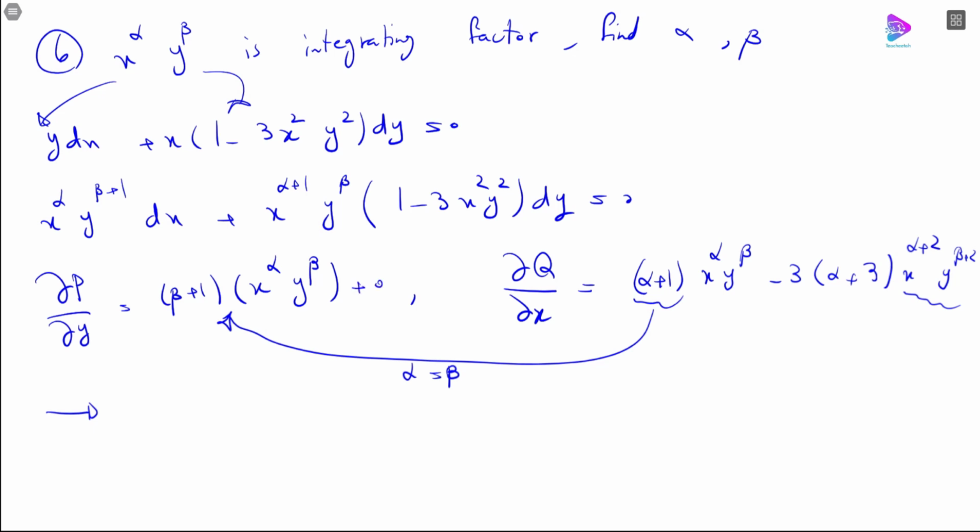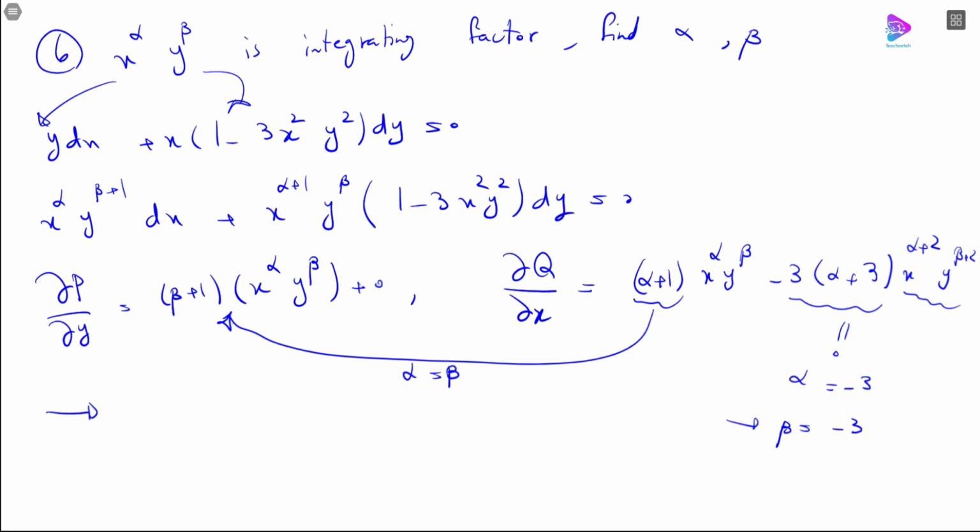That is going to tell me that this is equal to 0. So basically alpha is equal to minus 3, therefore beta is equal to minus 3 as well. That's how we're going to solve this equation.